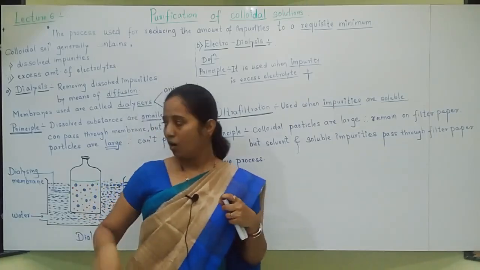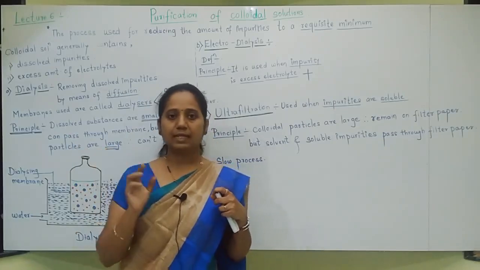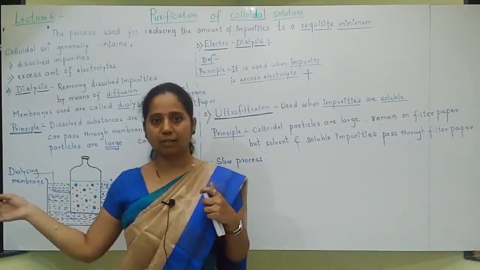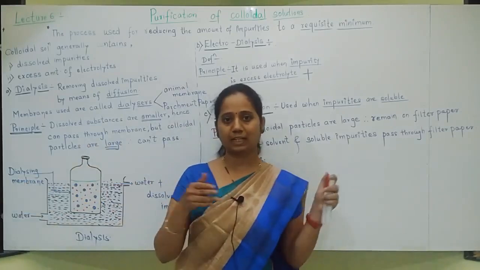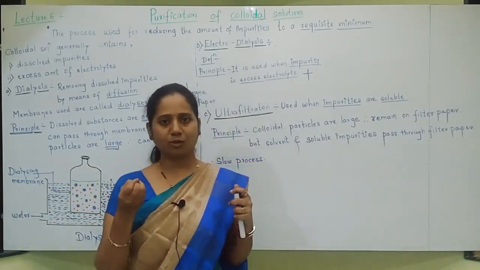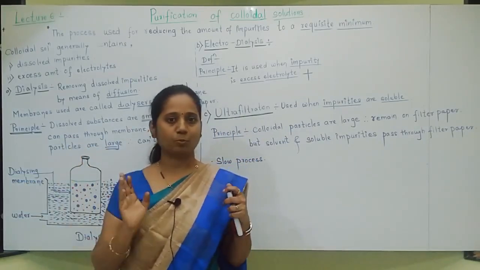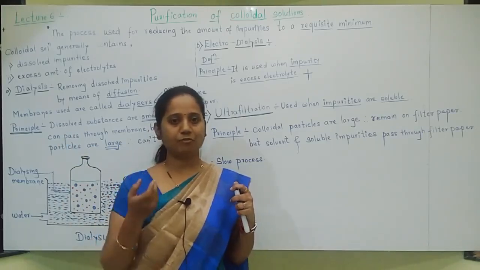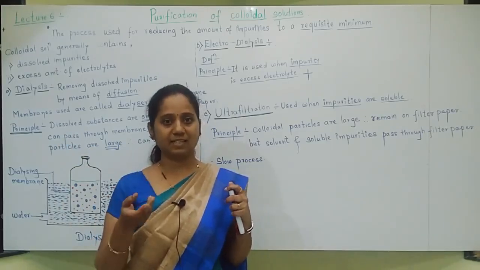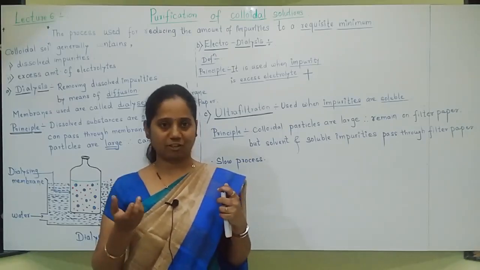Ordinary dialysis method is very slow. Of course, you can understand that water is flowing, and along with the flow of water the impurity should go out, so the speed of the process is slow. So ordinary dialysis is a slow process, and the speed of this dialysis is increased by applying an electric field.